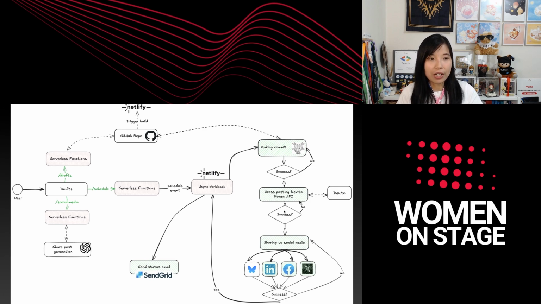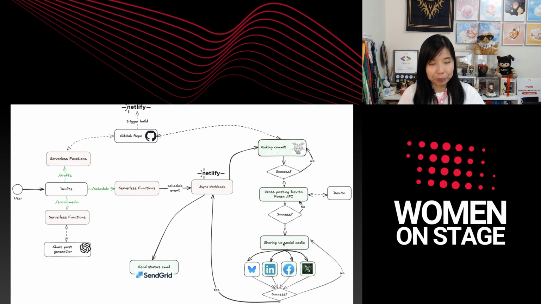Then when it finishes, it goes to the third step, where I share to social media. The reason I didn't include this one earlier is that I want to be able to control and edit the social media posts generated by the AI. I need it to help me generate the base, and I still want to edit a bit here and there, and also see what is generated.